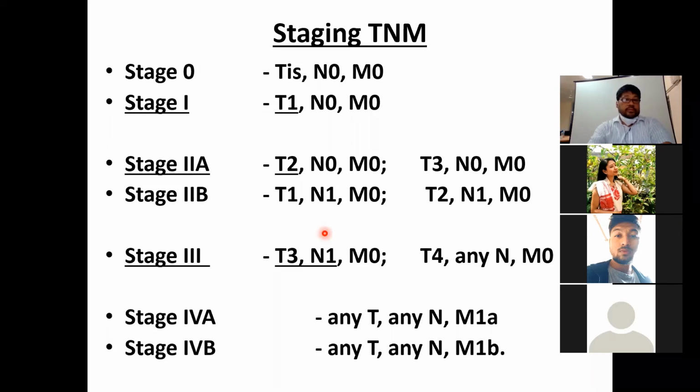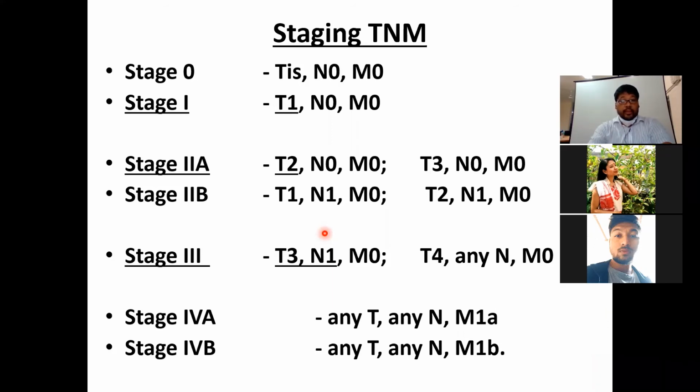Stage 3 is T3 N1 M0 or T4 any N M0. Similarly, stage 4A is any T, any N, and M1A. And stage 4B is any T, any N, and M1B. So these are the stagings as per TNM classification.